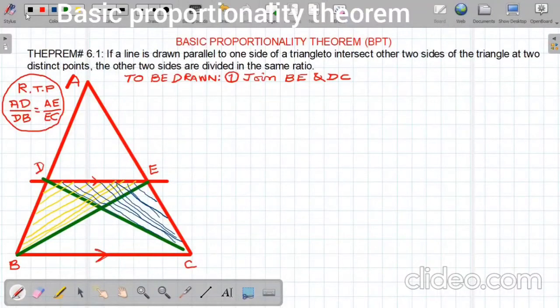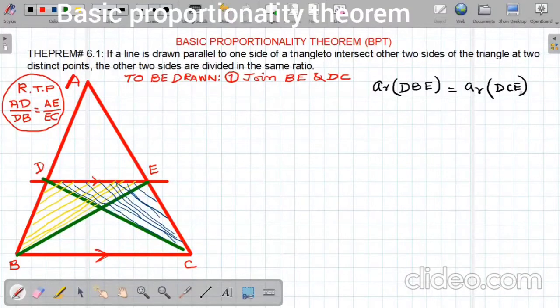As we explained, the area of triangle DBE is equal to the area of triangle DCE.